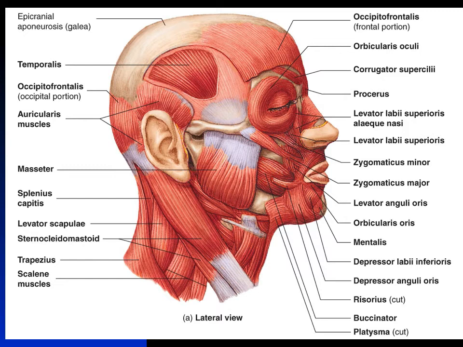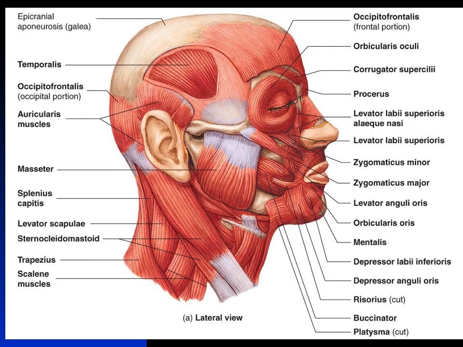The levator labii superioris, which kind of lifts the upper lip as in sneering. The depressor anguli oris, which pulls the corner of the mouth down, again, as when you would frown or something like that. The orbicularis oris, which closes the lips as in kissing.